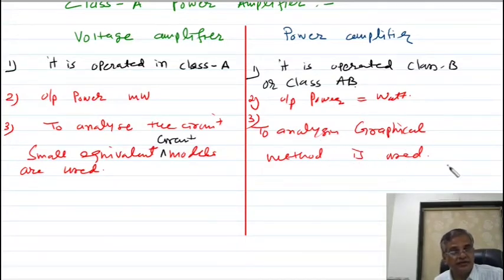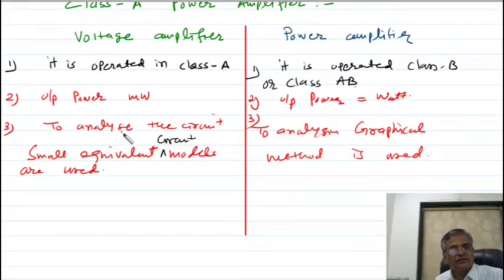Now you may have the question, what does analysis mean? Analysis means for an amplifier, I want to know its voltage gain, power gain, input resistance, output resistance, bandwidth, noise, distortion.